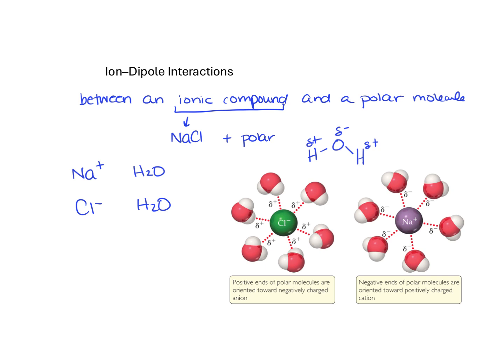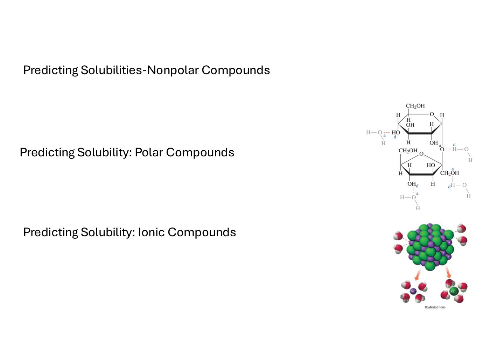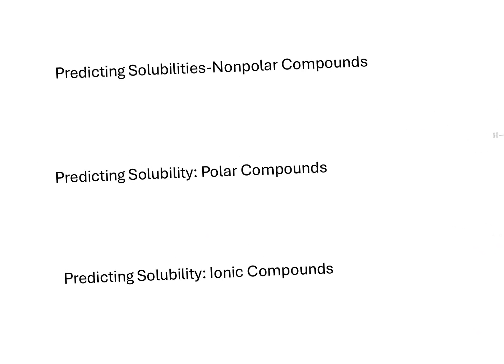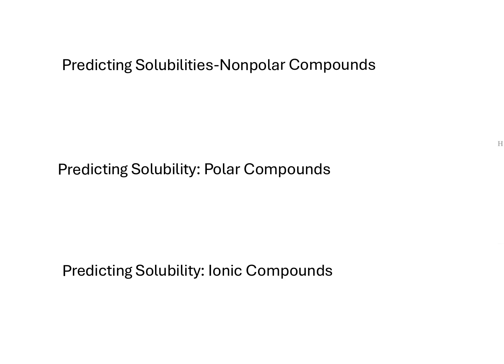So all this to say, now we've talked about polar and nonpolar and all of these interactions. How do we predict solubilities? Well, let's talk through the three here. So let's talk about nonpolar compounds first. When we talk about nonpolar compounds, a lot of times these are going to be oils, okay? Oils are going to be long chains of carbon that might have an oxygen in them, and we're going to talk a little bit more about their structure there.